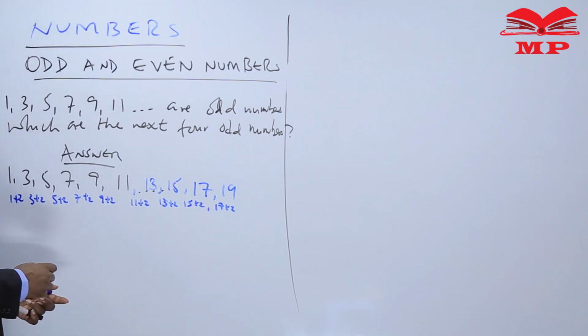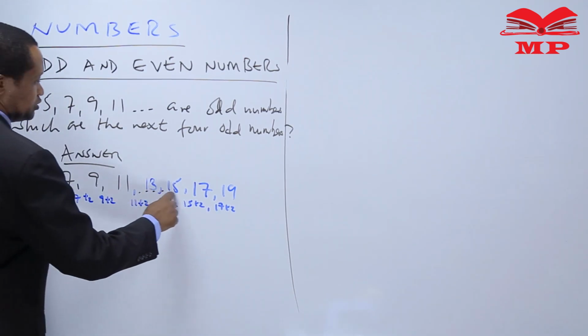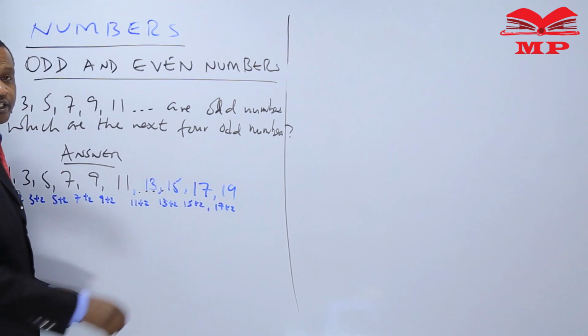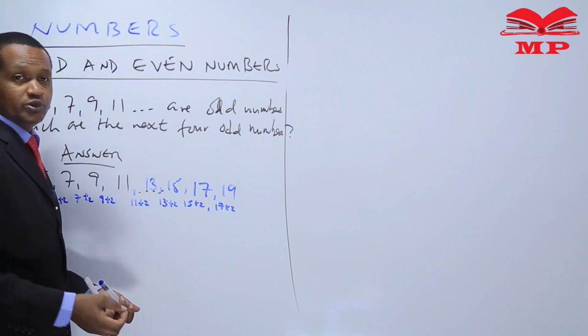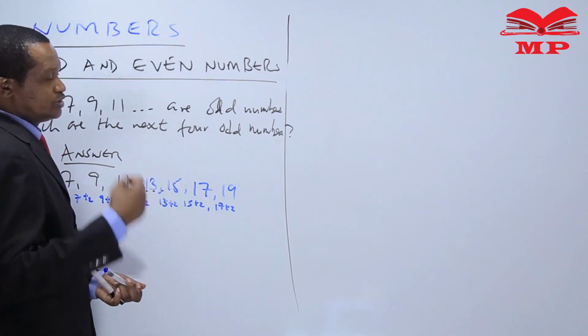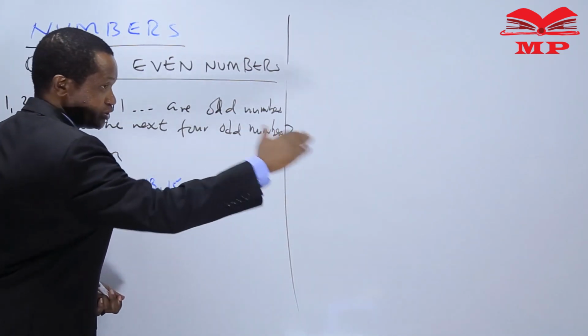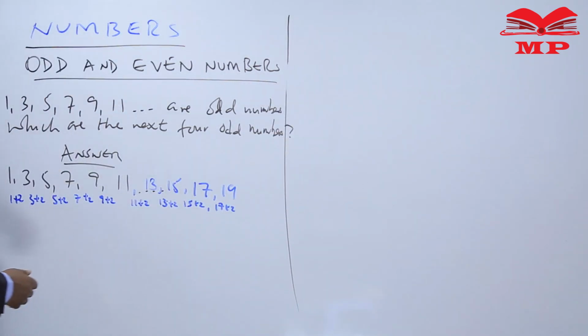So those are the next 4 numbers. The next one will be 19 plus 2, which is equal to 21. The next one will be 21 plus 2, which is equal to 23, and so on and so forth. So those are odd numbers. That is question 1.